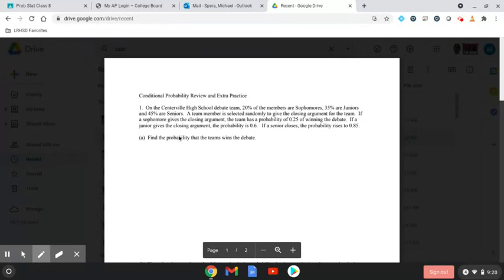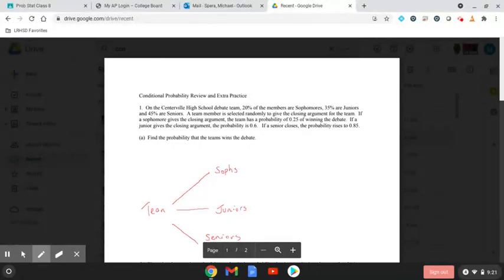Here's how we're going to do it. It's going to start with, we could just say, team. And that team is comprised of sophs, juniors, and seniors.